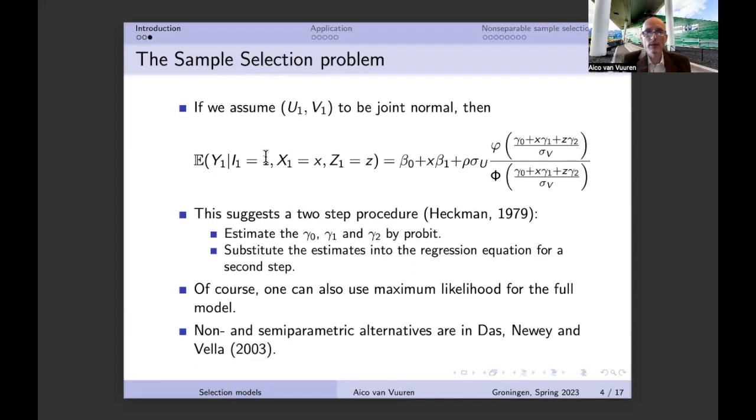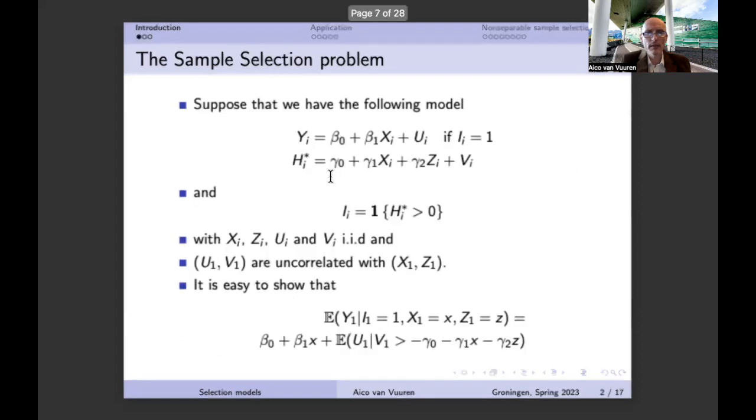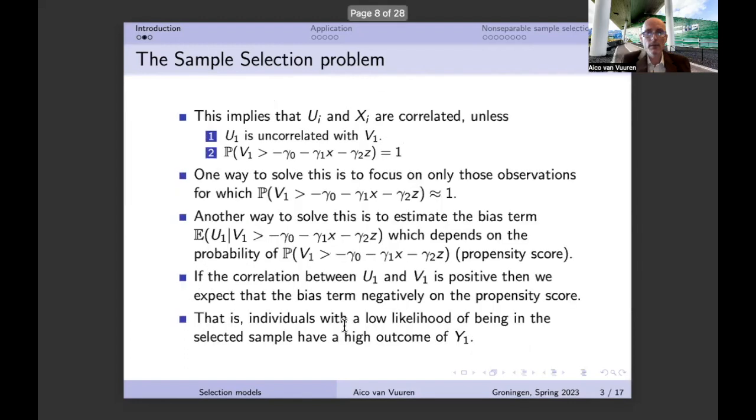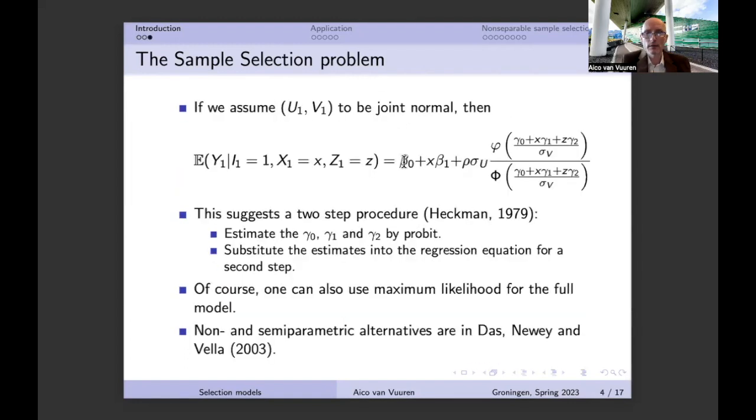Then at that moment, you can show that the mean of Y1, conditional on I equal to 1, X1 equal to x, and Z1 equal to z, so exactly the mean that we have been looking at before, becomes equal to beta 0 plus x times beta 1 plus, and now we get an additional term, rho times sigma U times this term over here, which is equal to the density of the standard normal distribution evaluated in gamma 0 plus x times gamma 1 plus z times gamma 2, divided by sigma V. And then we divide this whole term by the normal distribution.